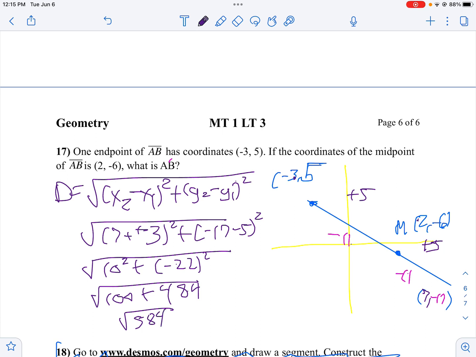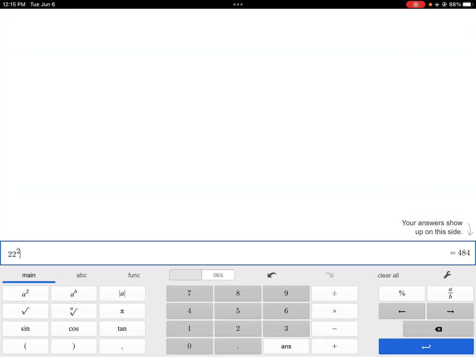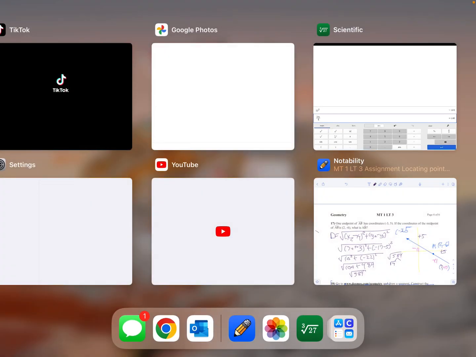Now, does that simplify? I think it does. And the reason I think it does is I know 4 goes into 84. So this would be the square root of 4 times, if I take 584 and divide that by 4, I get 146. So yes, it does simplify.